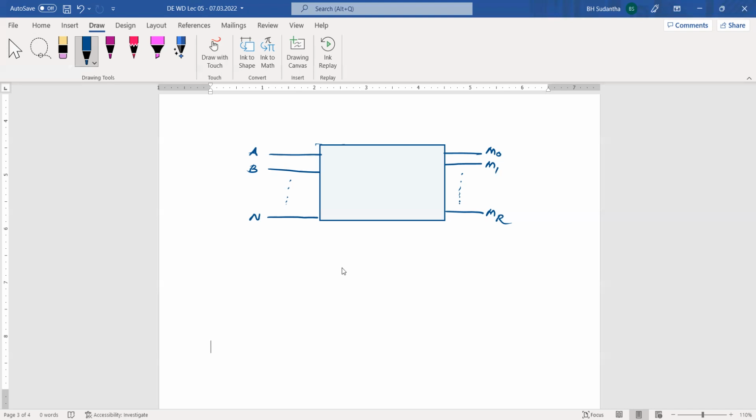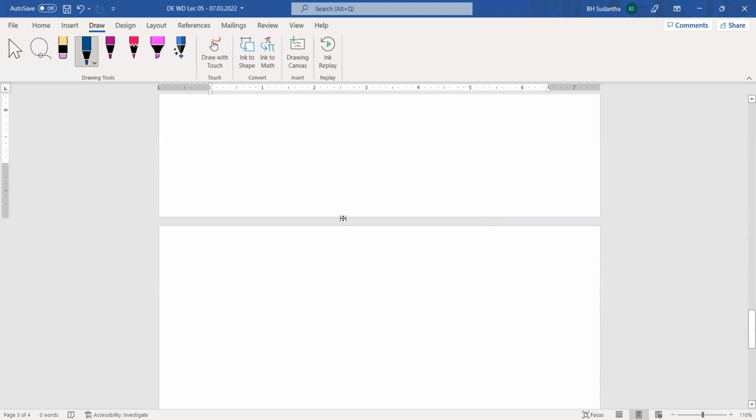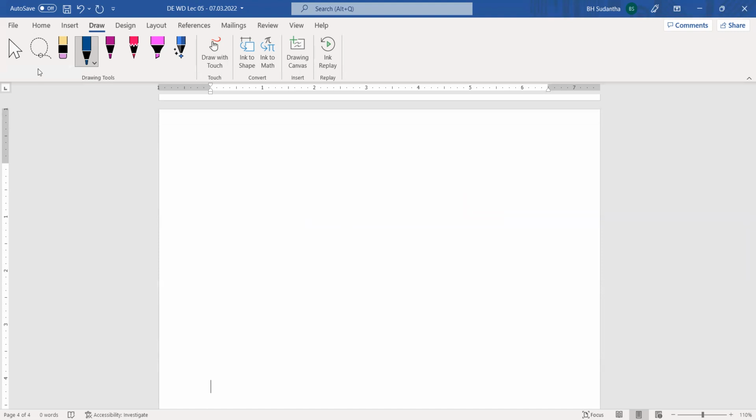From this point onwards, we are going to discuss some of these standard blocks. The very common standard blocks, the first one we are going to start with, are decoders. Among the decoders, we are going to discuss standard decoders.